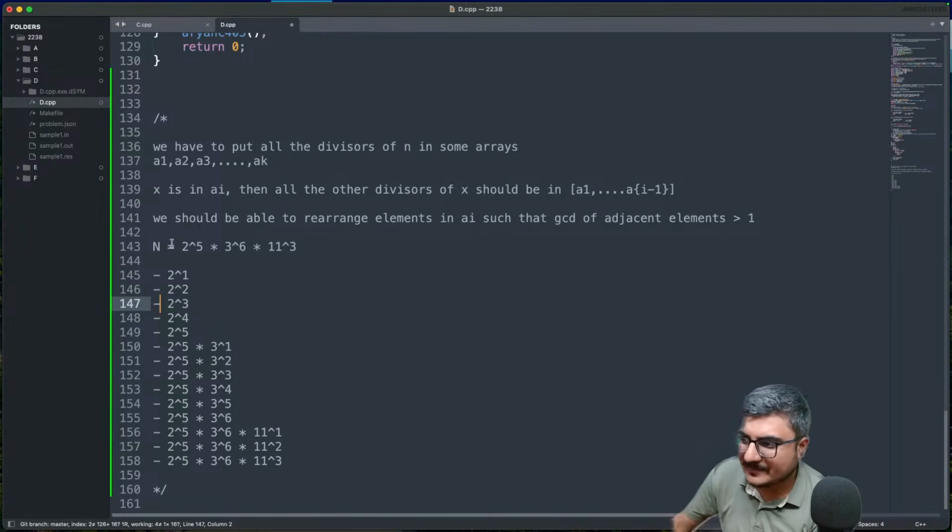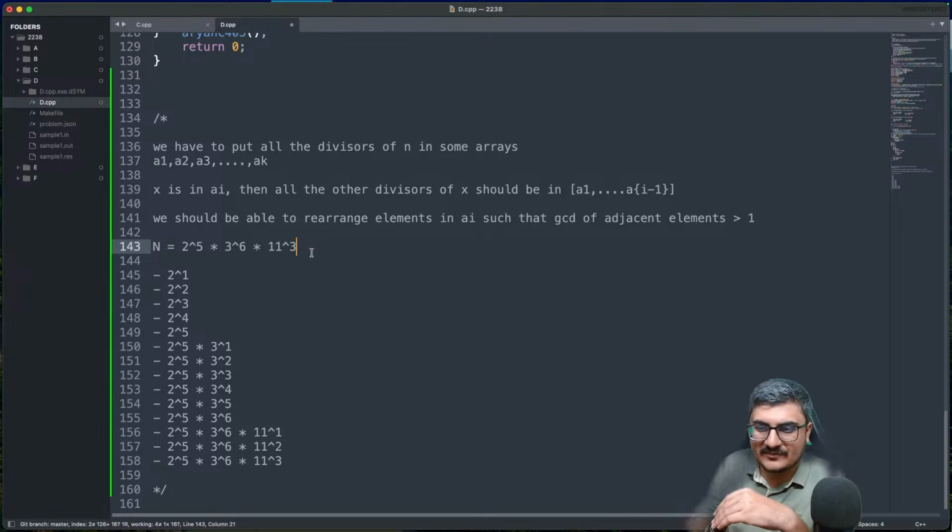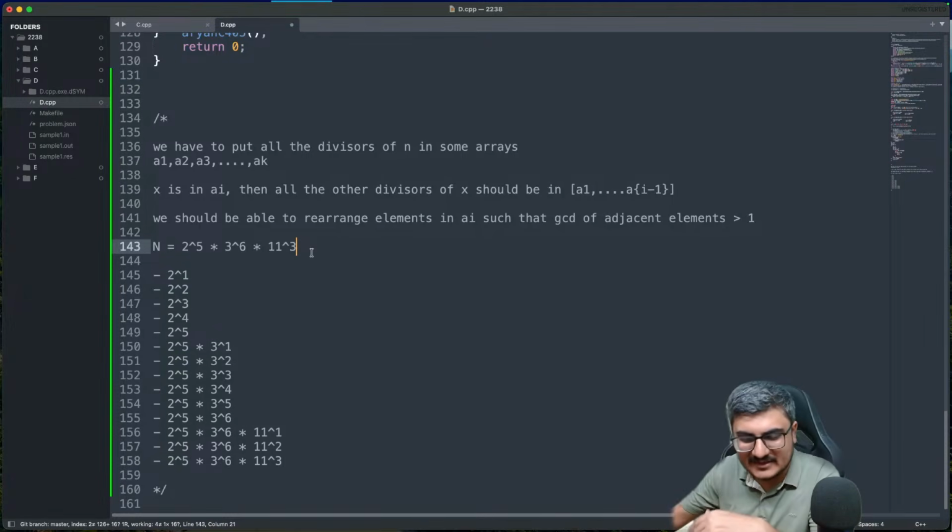So once you know the prime factorization, you know that the minimum number of layers you will get is 5 plus 6 plus 3. Every time you would add one more prime number in each of the layers to build up the final number.